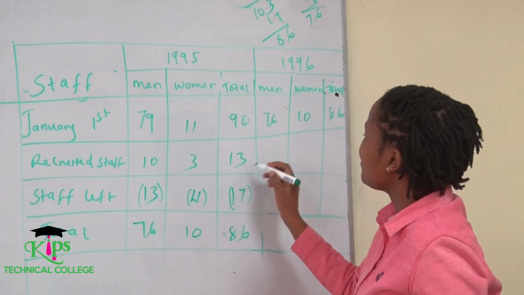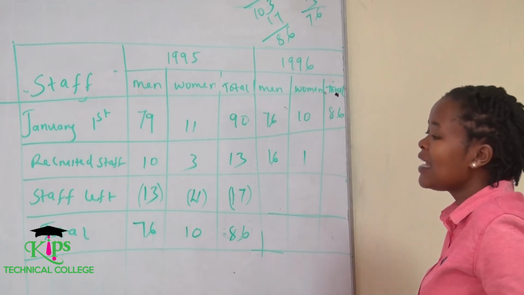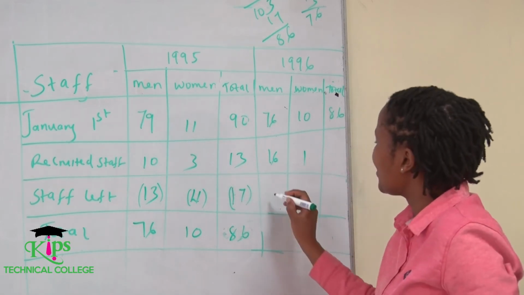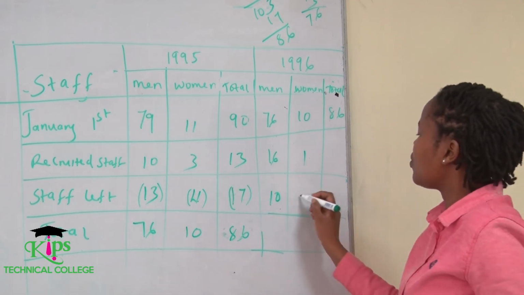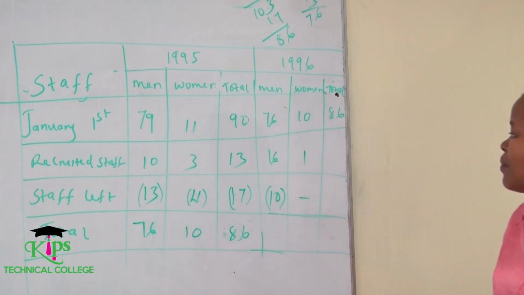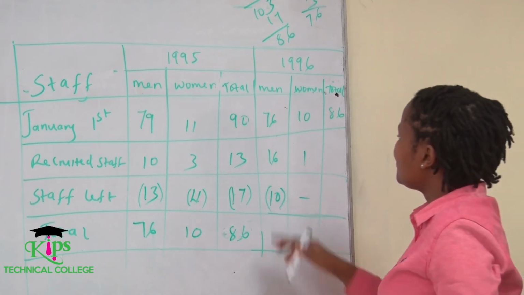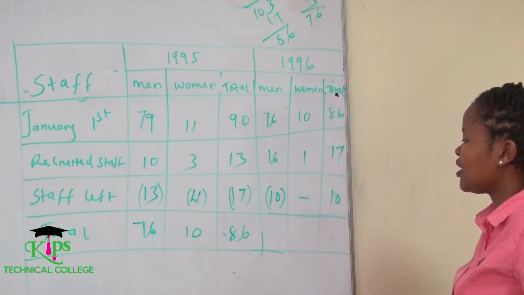We had 16 men and one woman. Then those who left, we have 10 men, and basically there was no woman who left. Remember, those who left, that's a minus. So here we have a total of 17 recruited, and a total of 10 who left.